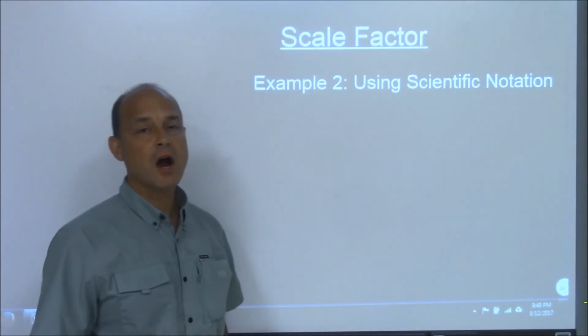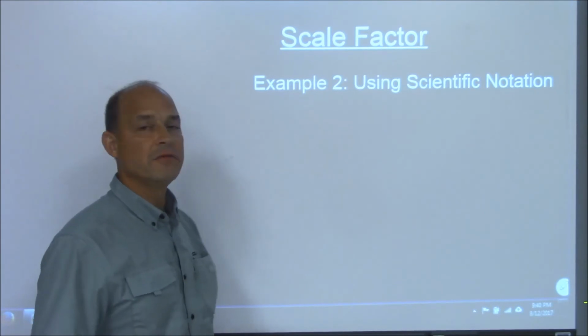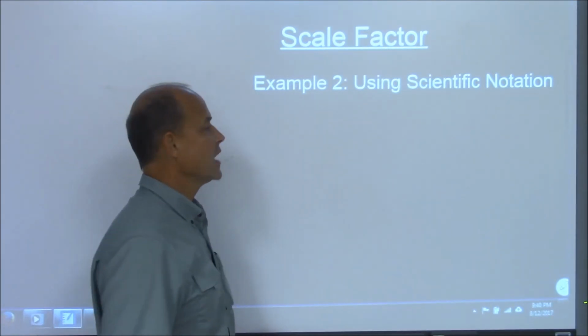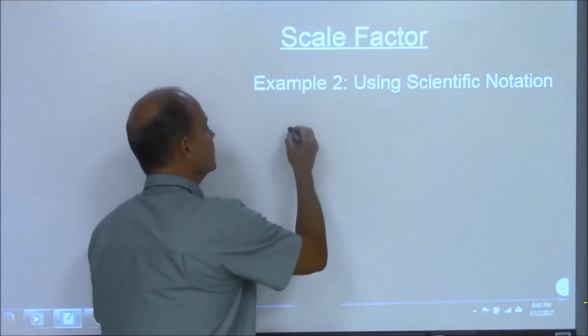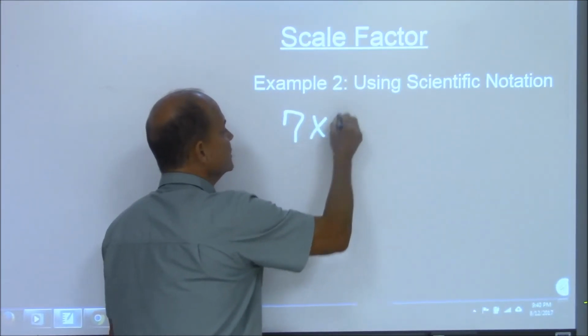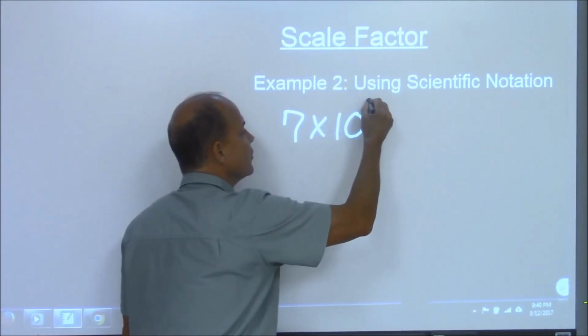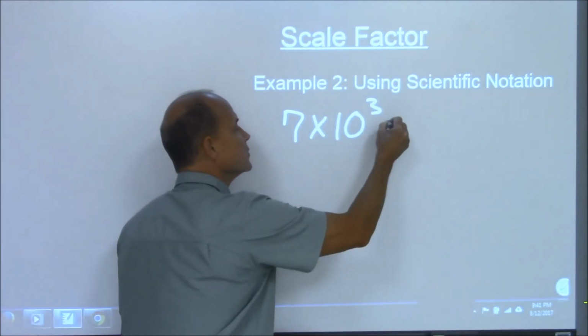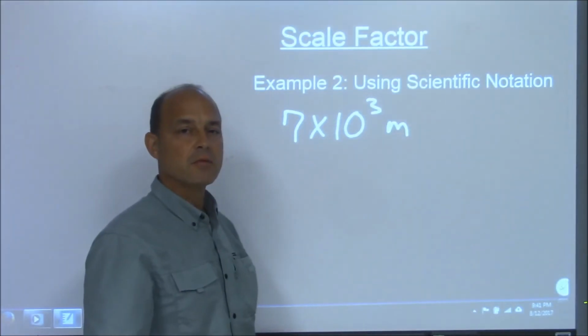Let's just take an arbitrary example where you've got an object that is 7 times 10 to the 3 meters in length in the real world.